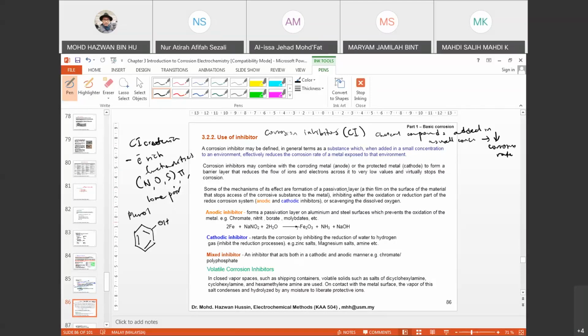Can someone tell me what will be the features of phenol that I can categorize this as a corrosion inhibitor? Jihan? Based on what I have explained earlier, can you relate from the structure of phenol how it can be a good candidate for corrosion inhibitor? Jihan, do you have any ideas?